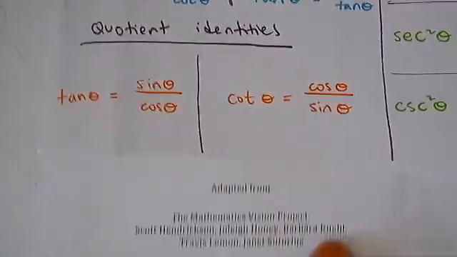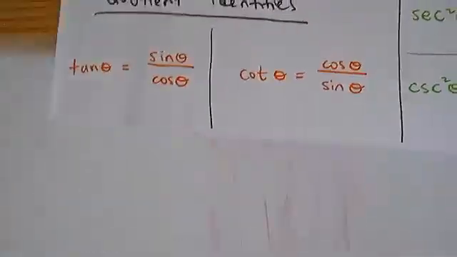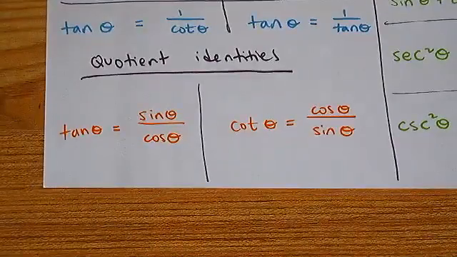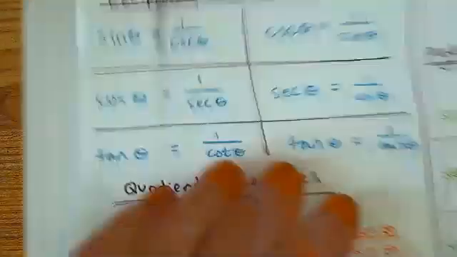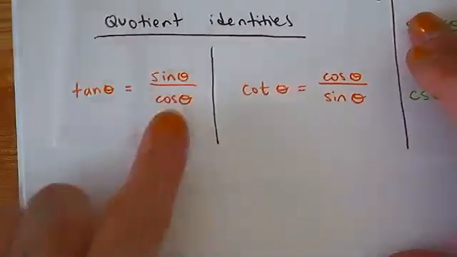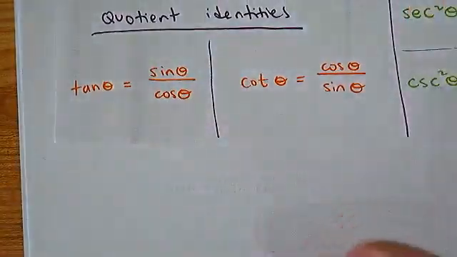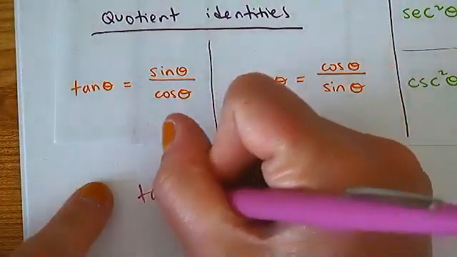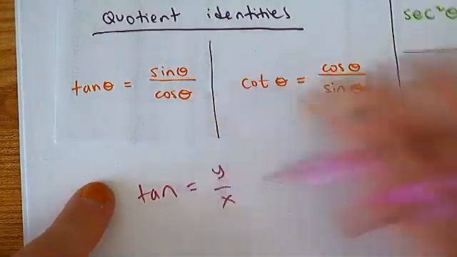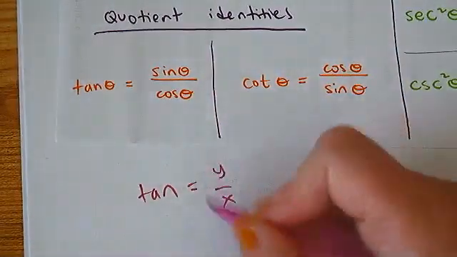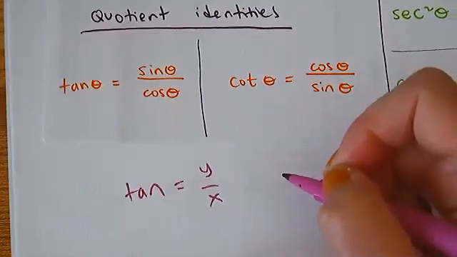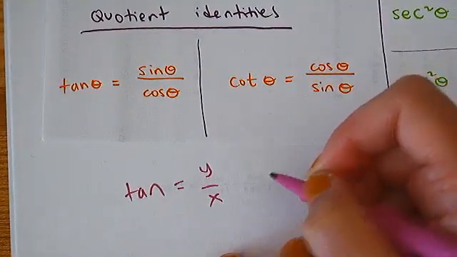Let's move on to quotient identities. In quotient identities, this is when we said tan equals y over x, right? We already know that because of what we solved on the unit circle.